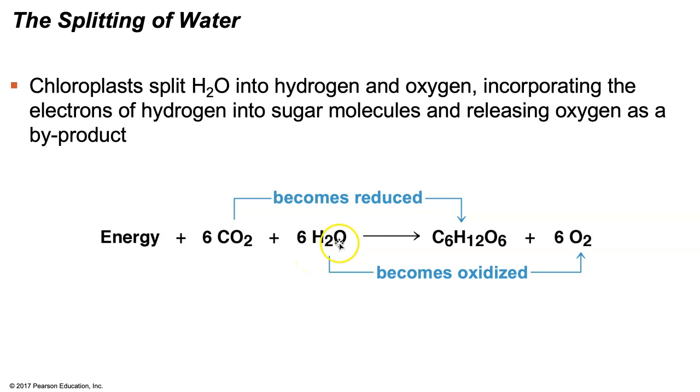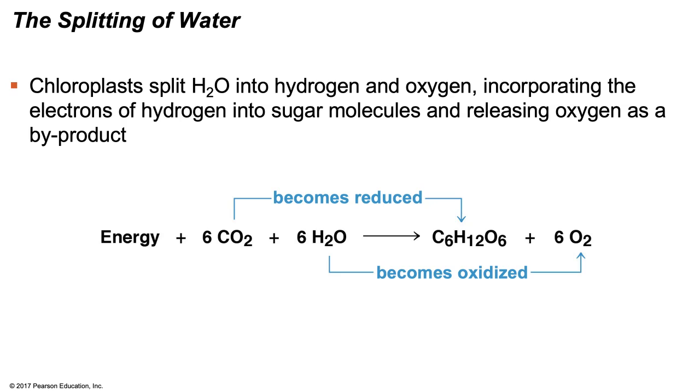On the other hand, the water molecule is becoming oxidized. It's going to lose its electrons. So it loses electrons, and it also loses some protons, some hydrogens, and becomes O2. We are going to actually see how important the splitting of water is for the process of photosynthesis.